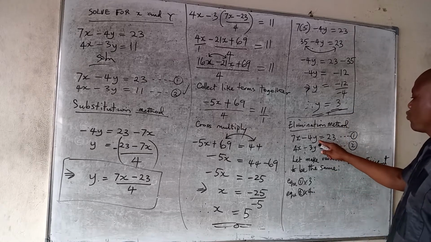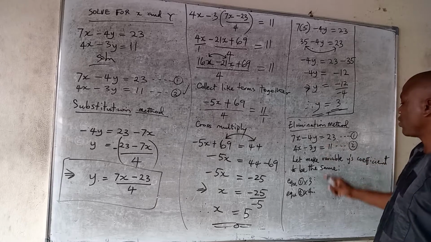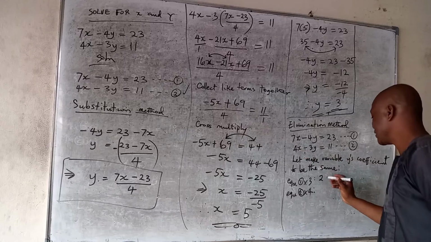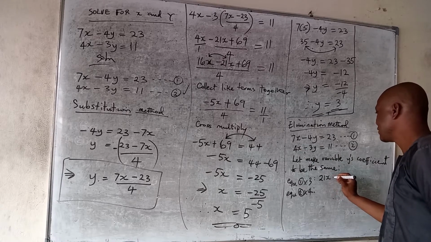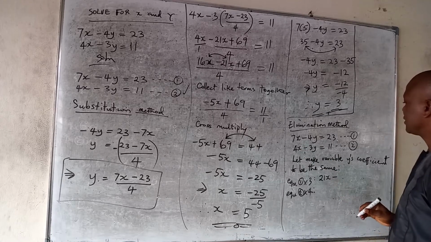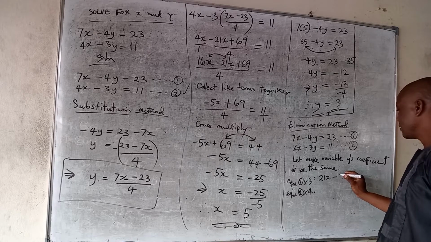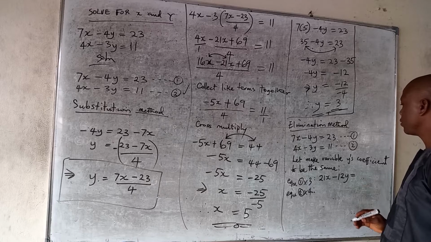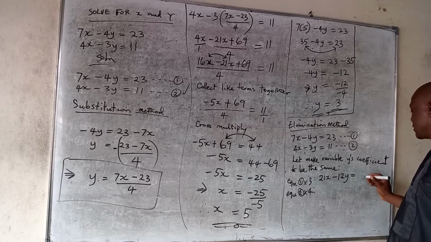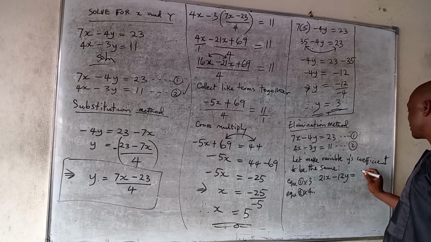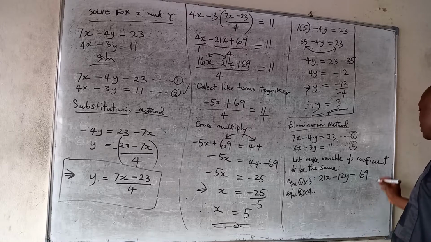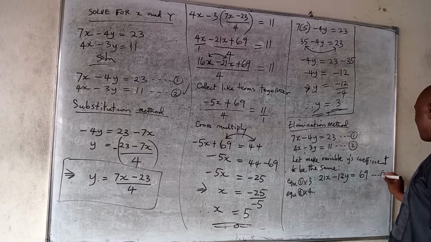If you multiply equation 1 by 3, 3 times 7x will be 21x minus 3 times 4y will be 12y equal to 3 times 23 will be 69. Let's call this equation 3.